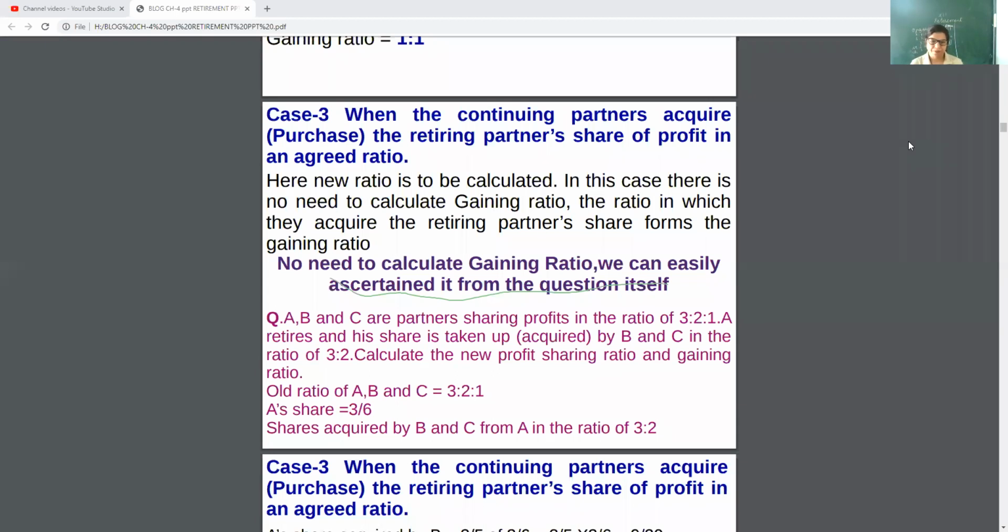Like here, you can see this is the first case, this is the second, this is the third case. Third case means additional information is given.